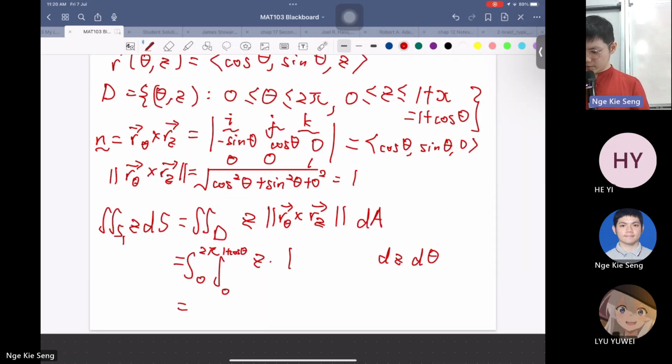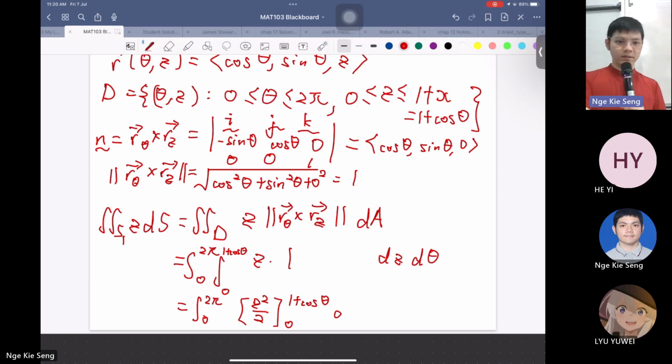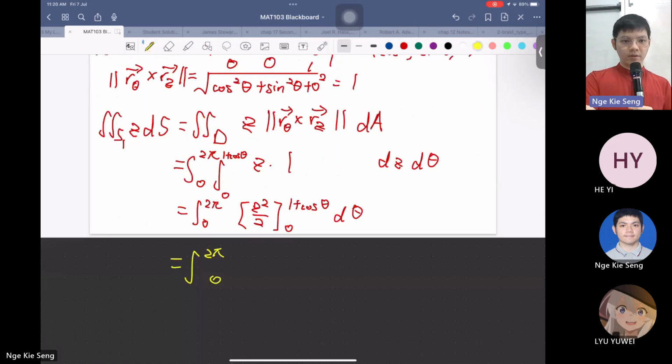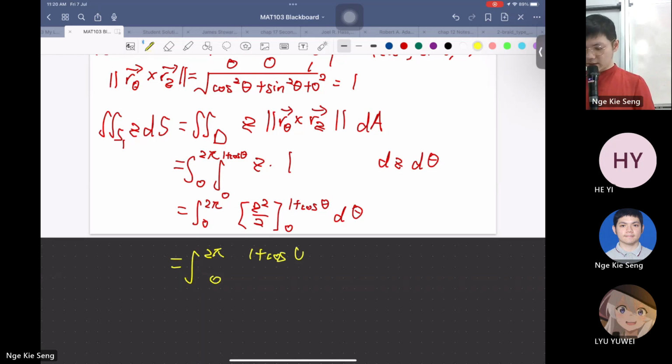So the first integration, what should we get? We should get z squared over 2, integrated from 0 to 1 plus cos theta, d theta. So this is just 1 plus cos theta squared over 2 d theta.